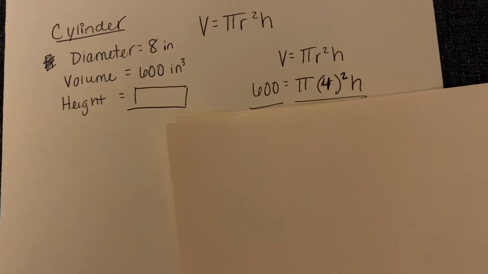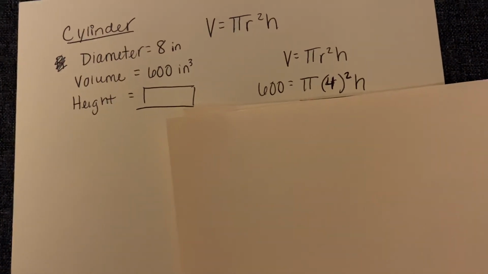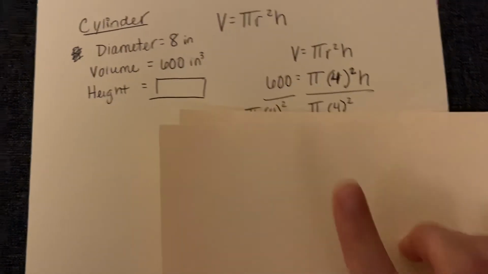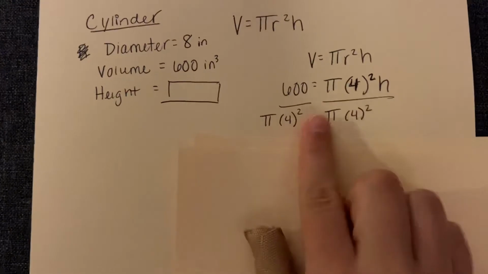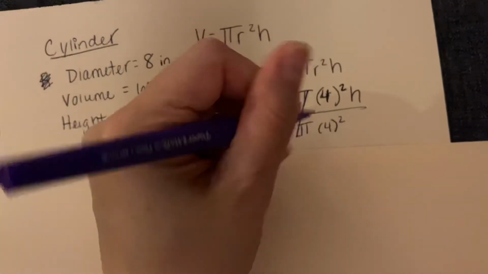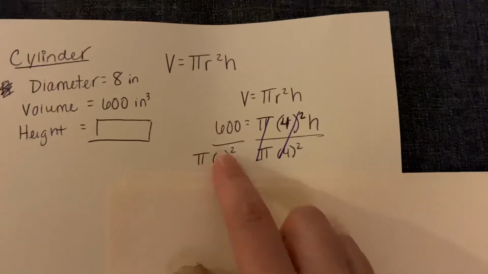And I can divide both sides right now by what's over here, pi times 4 squared, because the pi's will cancel out and the 4 squareds will cancel out. And you can type this just in your calculator.